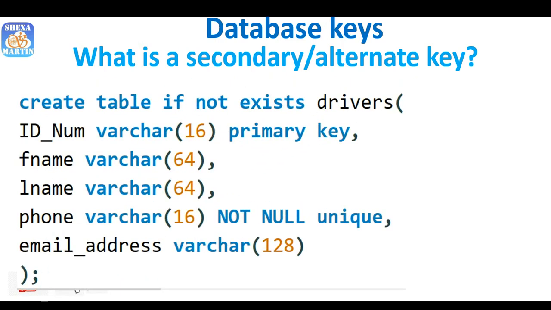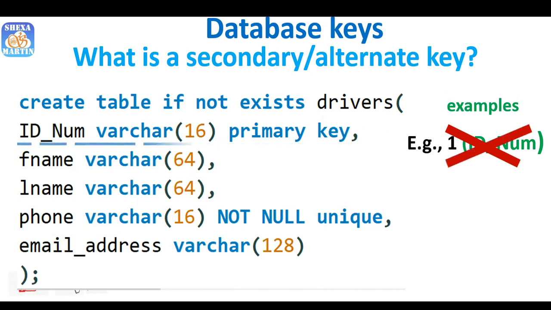So here are the examples of alternate keys. You can list these examples, because I think the definition was clear. So the primary key cannot be selected as an alternate key because it's already a primary key. That's a selected primary key. That's why you're having a broken line underlining it, and a red cross over ID num as candidate as an alternate key.